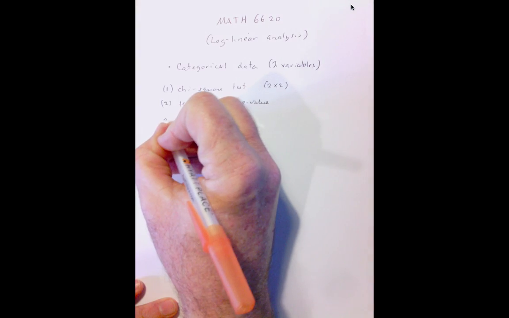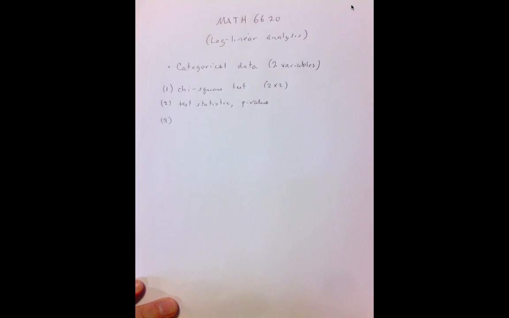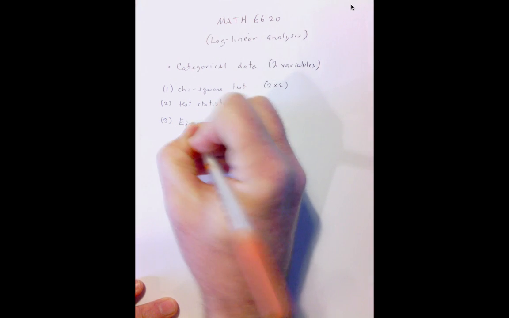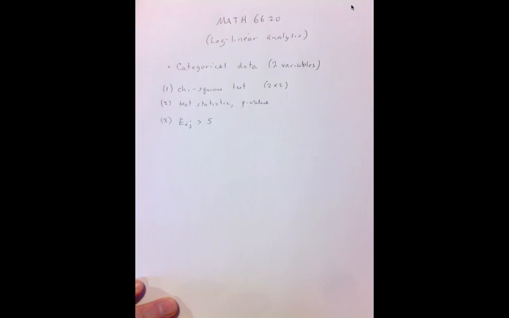We have certain assumptions, guys. The most important assumption is independence, but remember we have this other assumption that says that each of the expected values, the model values, must exceed 5.